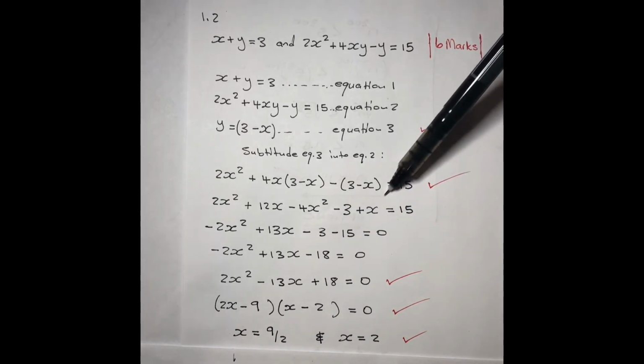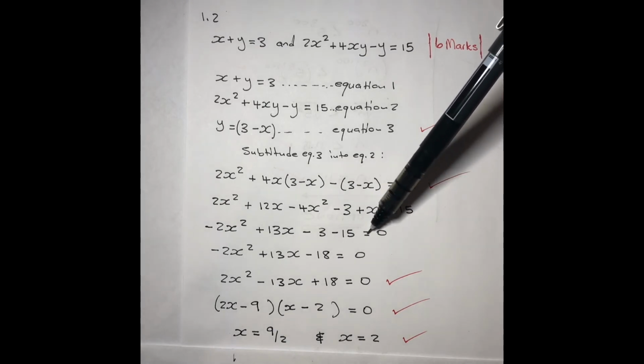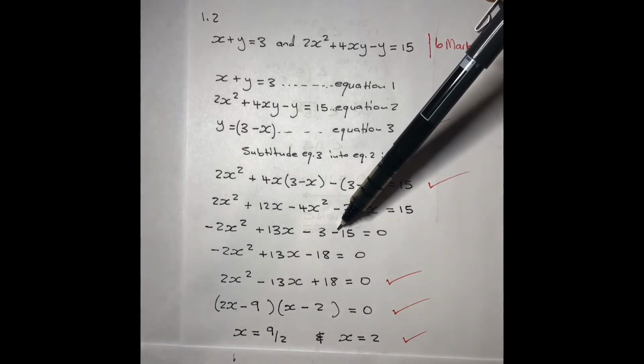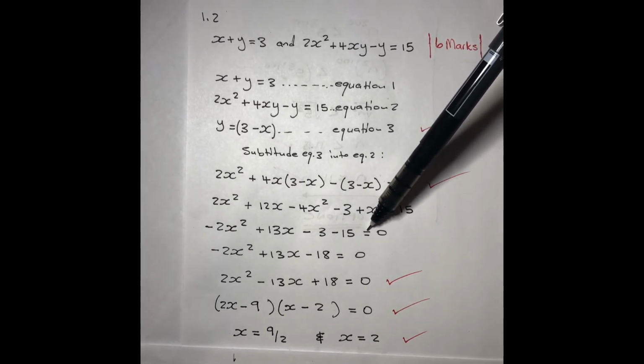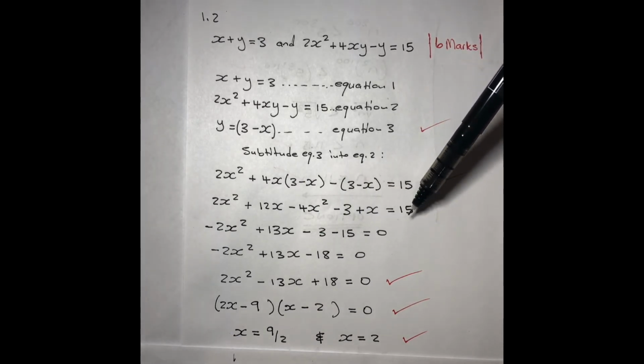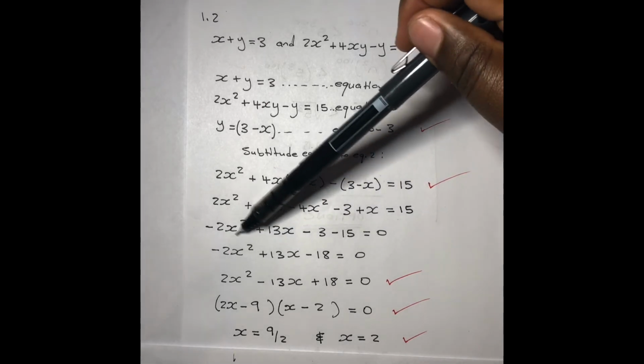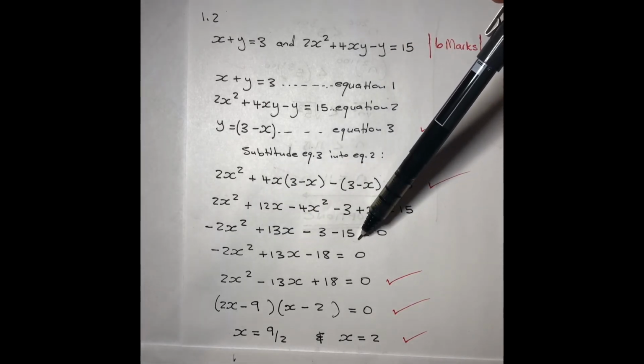You write 15 on the other side of the equal sign and it becomes minus 15, so you remain with 0 on the right side. Then you further simplify the equation.